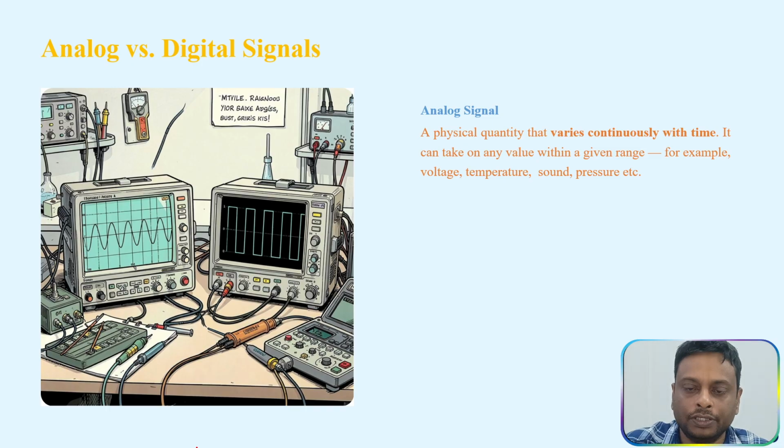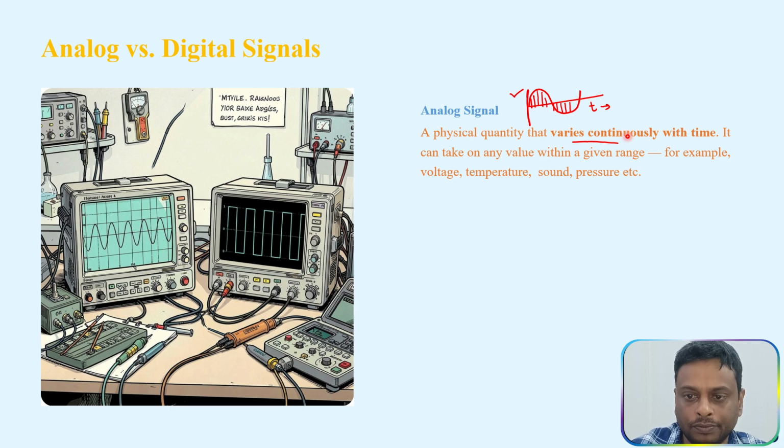At every instant of time, it has some value. Here this is the time axis T. The analog signal is continuously varying with time.